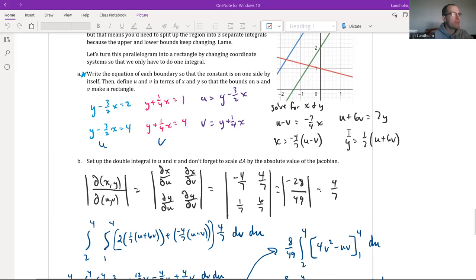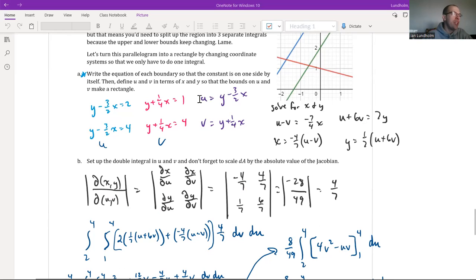So remember, we can use substitution or elimination to turn these equations that are solved for u and v into equations that are solved for x and y. But I think elimination seems to make a lot of sense.